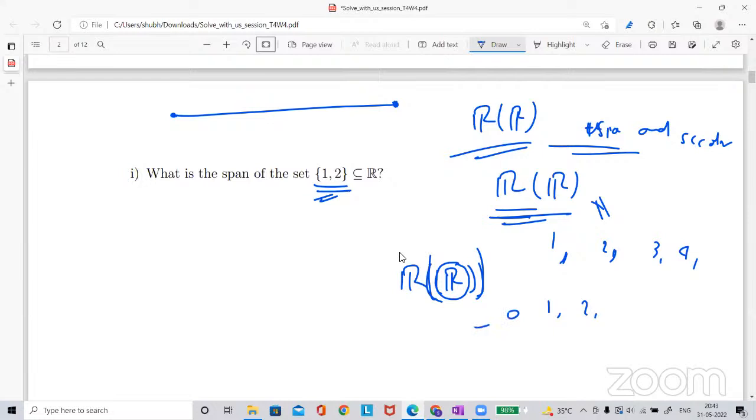Y equal to 2x is not the case here. We are only working over R. There is no R2, so don't confuse it with that.